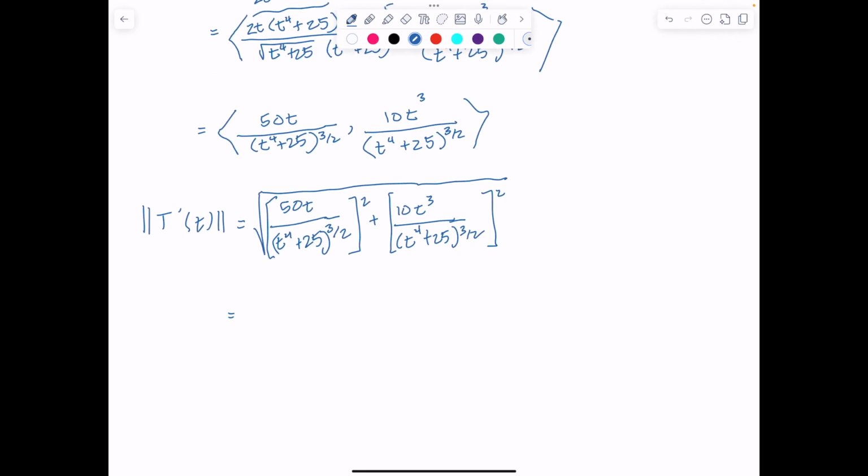and that will be the square root of 2500 t squared.